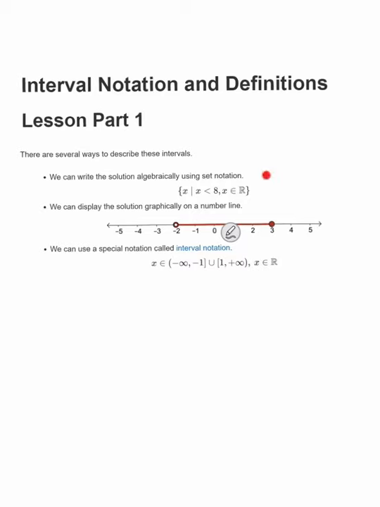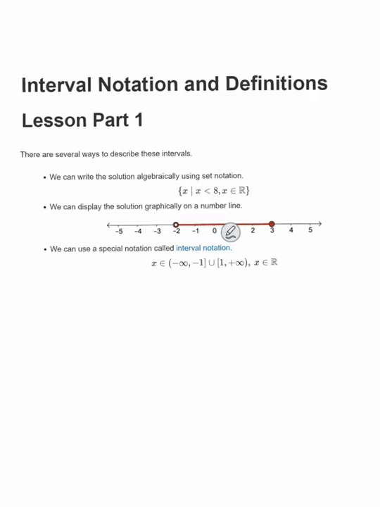You have worked with and seen set notation since maybe grade 10, definitely in grade 11. We could also display the solution graphically on a number line. This you've seen starting in elementary school, so this is a different interval. Remember, the open circle denotes that it's not included, and the closed circle is included.